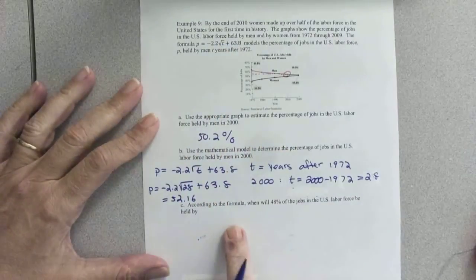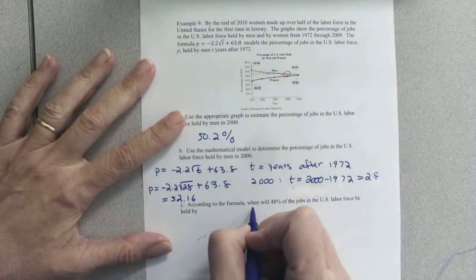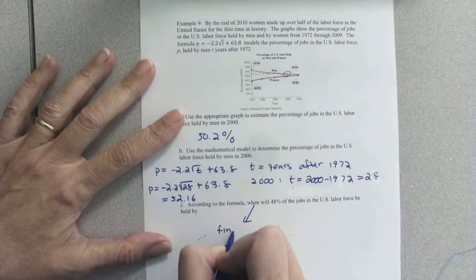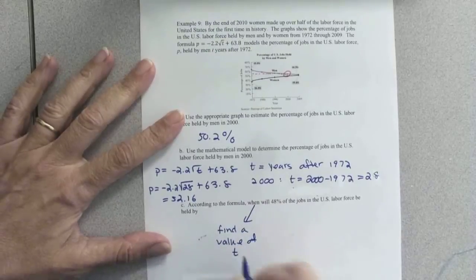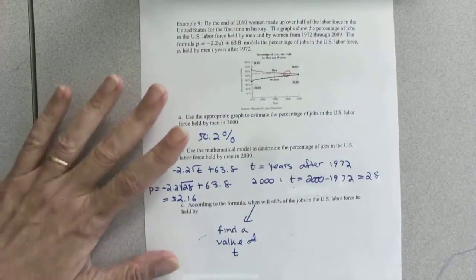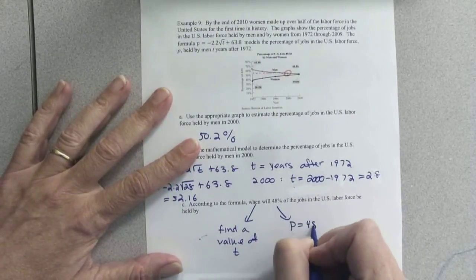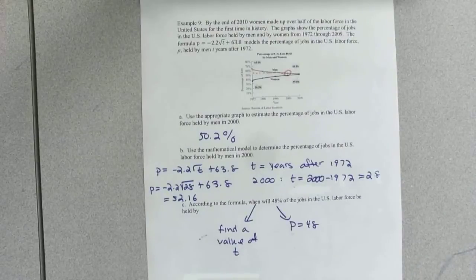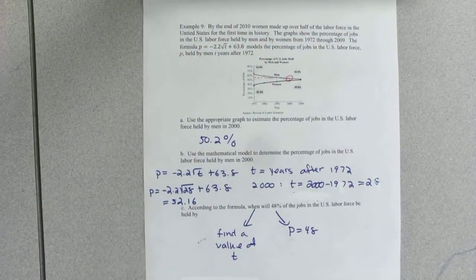But letter C says, when will 48% of the jobs be held by men? When is telling me to find a value of t, because t is time, and 48% tells me that P equals 48. I didn't need to change this to a percentage because the values are coming out as percentages, so you don't need to fool around with decimals versus percents.